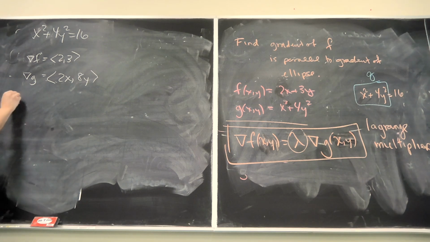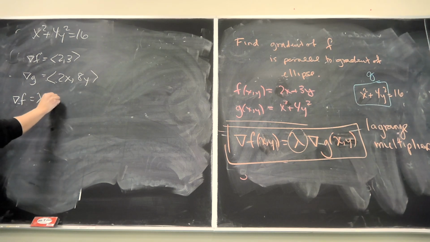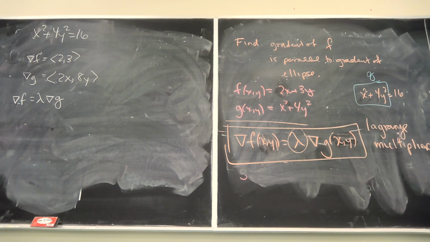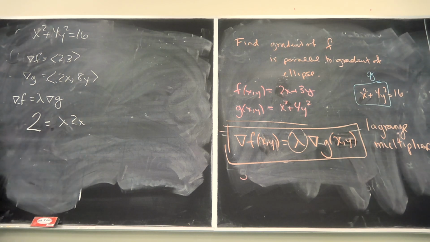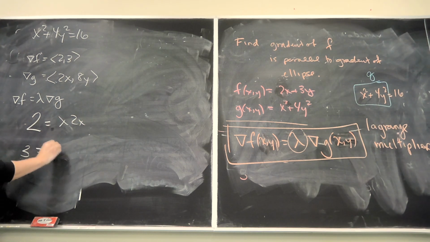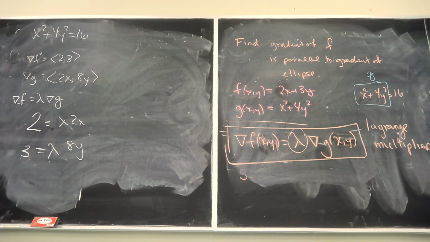So if the gradient of f is lambda times the gradient of g, then we also have the equations 2 is equal to lambda times 2x, and 3 is equal to lambda times 8y. So we have 3 simultaneous equations to solve. All of these need to be true at the same time in order for me to be at a possible maximal point. These conditions tell me that the gradients are parallel. That condition is what puts me on the curve I'm actually interested in.